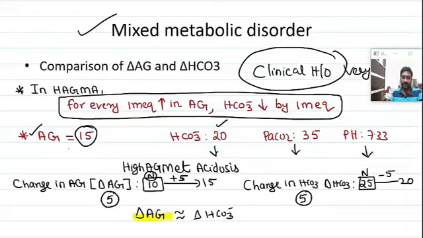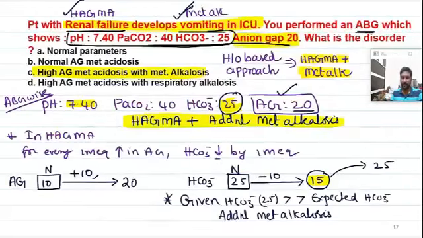Whenever they are correlating, generally there will be a single high anion gap metabolic acidosis, with no mixed metabolic disorder. But whenever they are not correlating, there can be either an additional metabolic alkalosis or an additional metabolic acidosis.